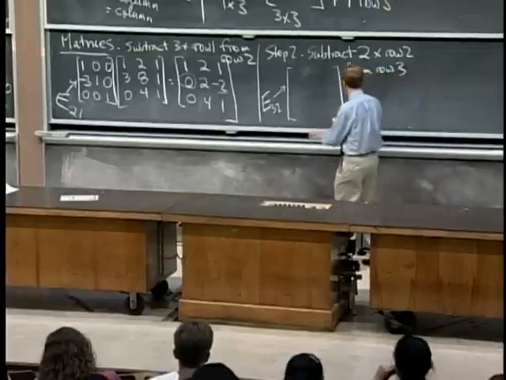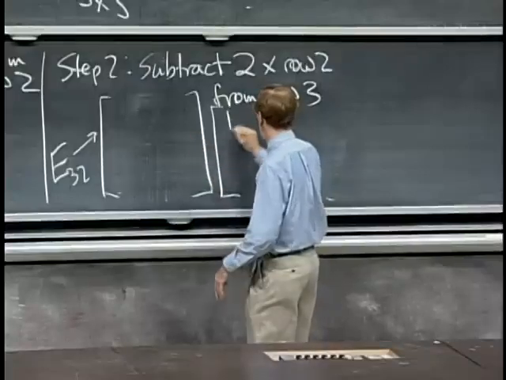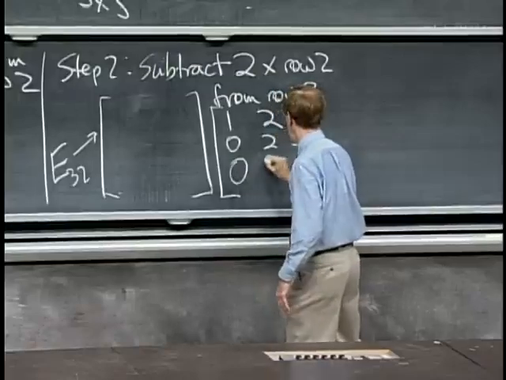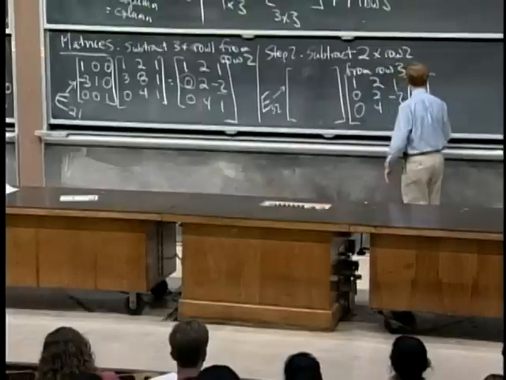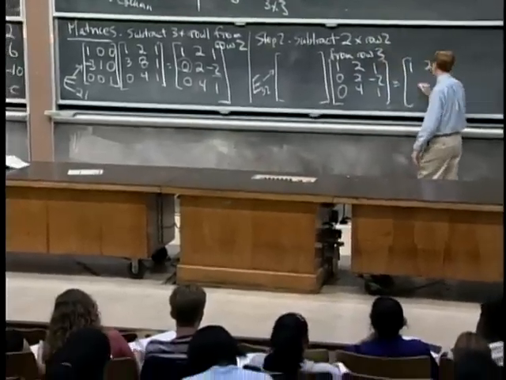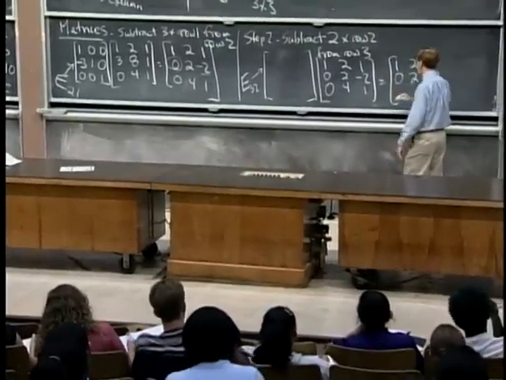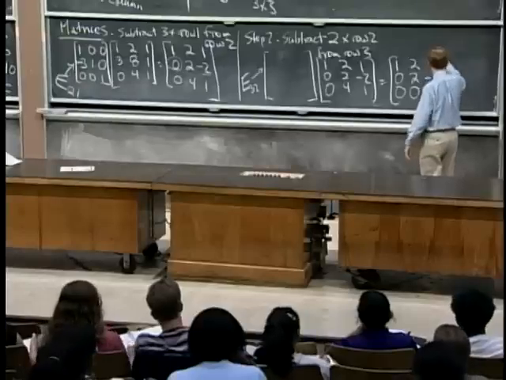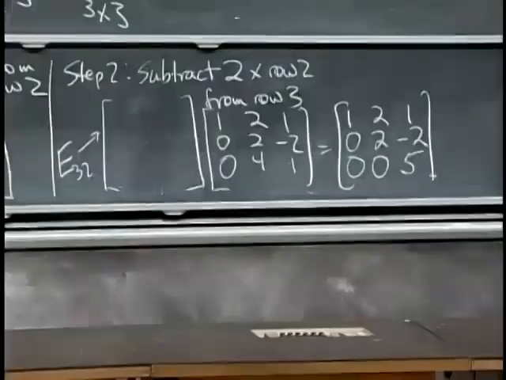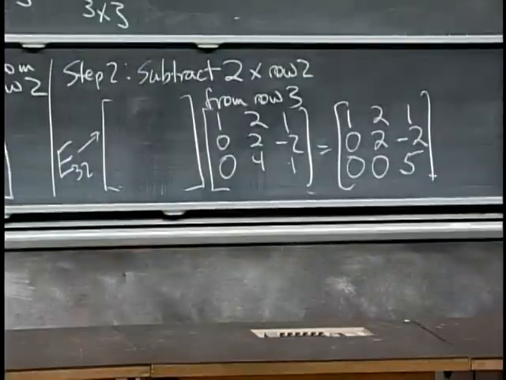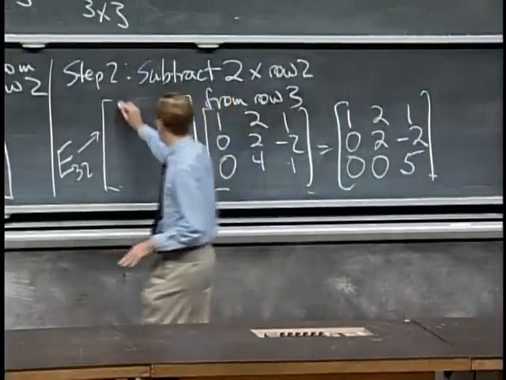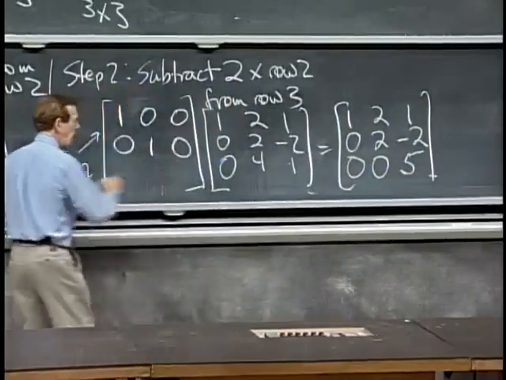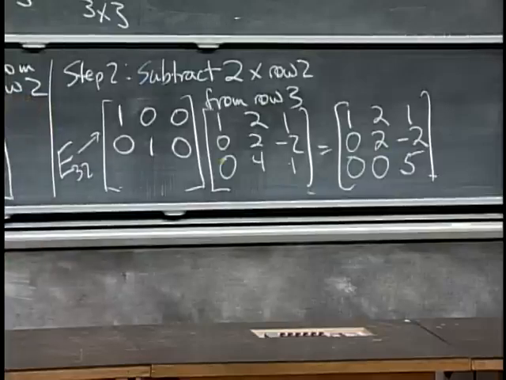E32 is supposed to multiply my matrix and produce the right result: it's supposed to leave the first row, leave the second row, and straighten out the third row to this. What's the matrix that does that? 1, 0, 0, right? Because we don't change the first row. And the next row we don't change either. And the last row is the one we do change.